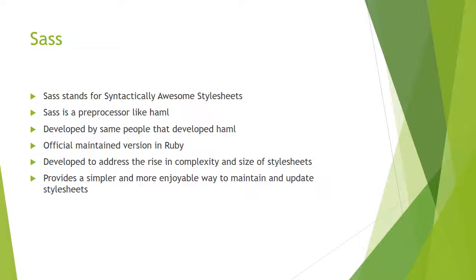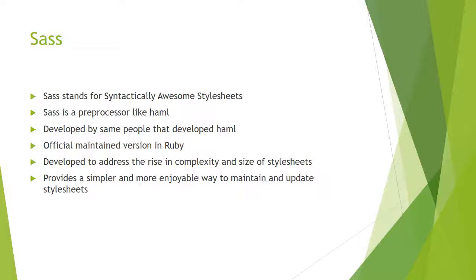In comes SASS. SASS stands for Syntactically Awesome Style Sheets. So SASS is a preprocessor just like HAML. So you'd have a SASS script, then that would be passed through an interpreter, and the plain CSS would be output. SASS was developed by the same people who did HAML, actually, interestingly.